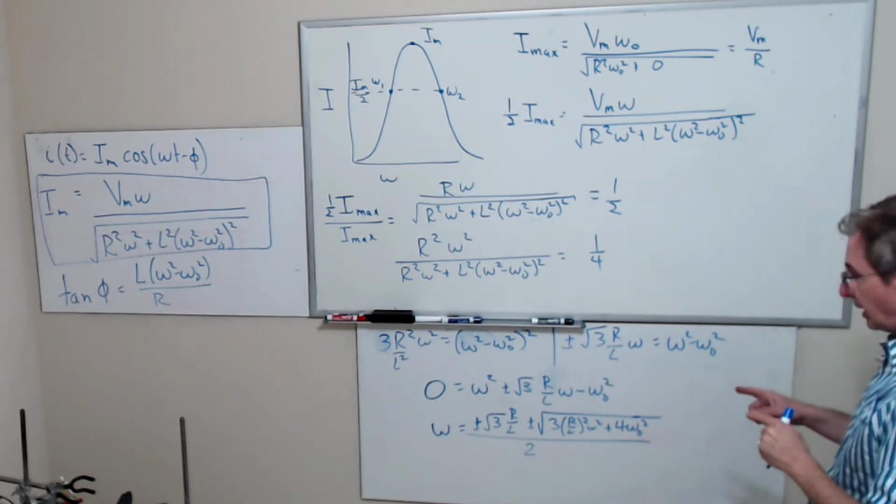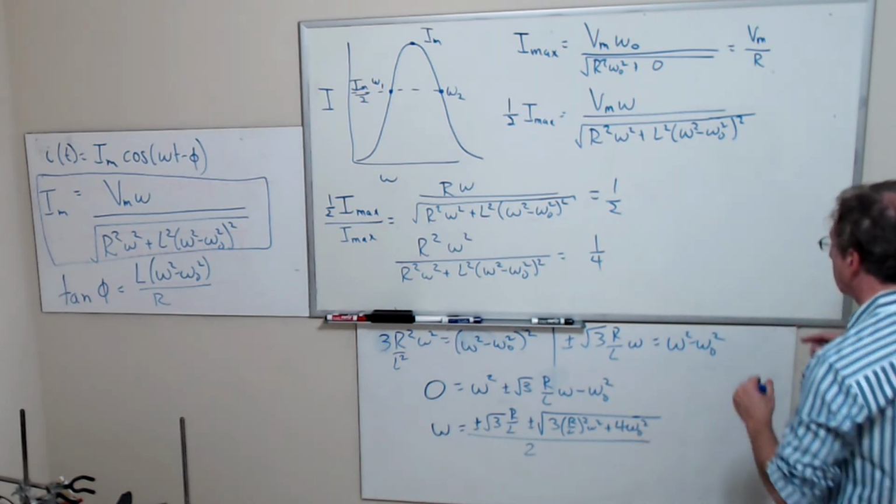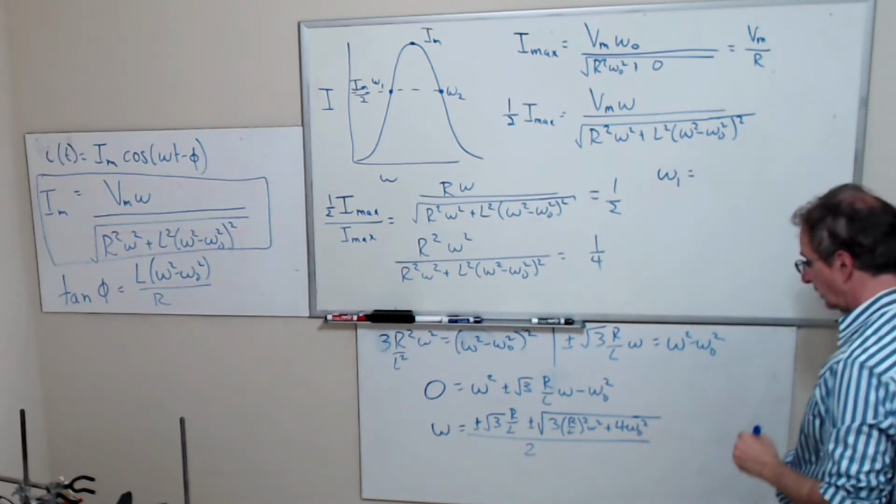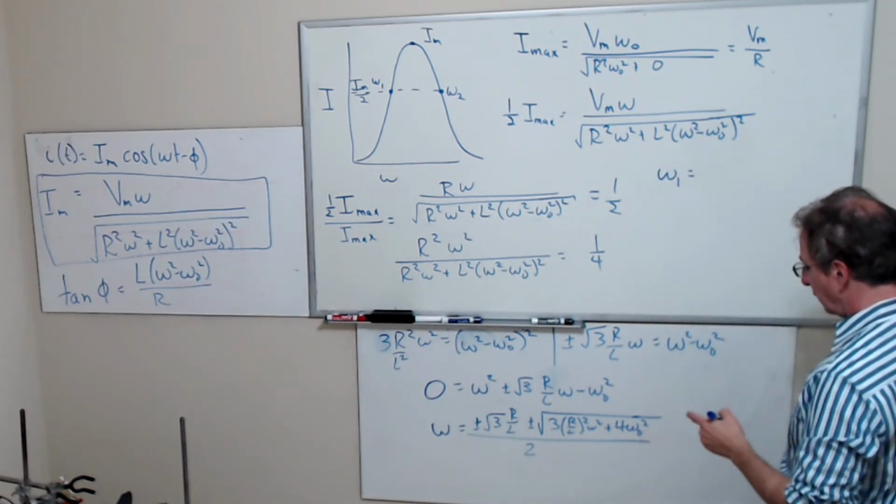Two of the solutions are positive and 2 are negative. So omega 1, let me take one of the positive solutions.